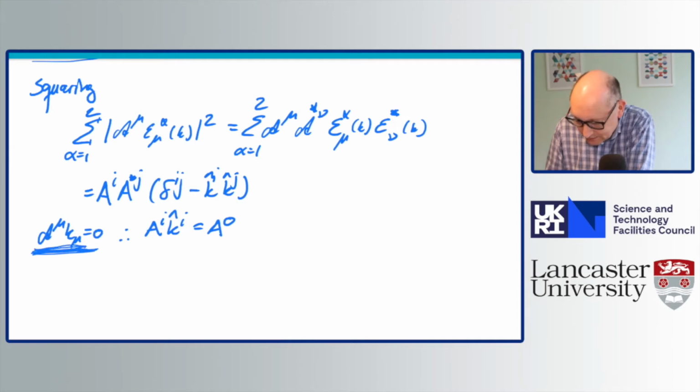So the fact that this is equal to 0 means that A i k hat i is equal to 0, because A i k i must be equal to A0 k0 from this equation here. And when we take this one downstairs and normalize it, we get exactly this one up here.